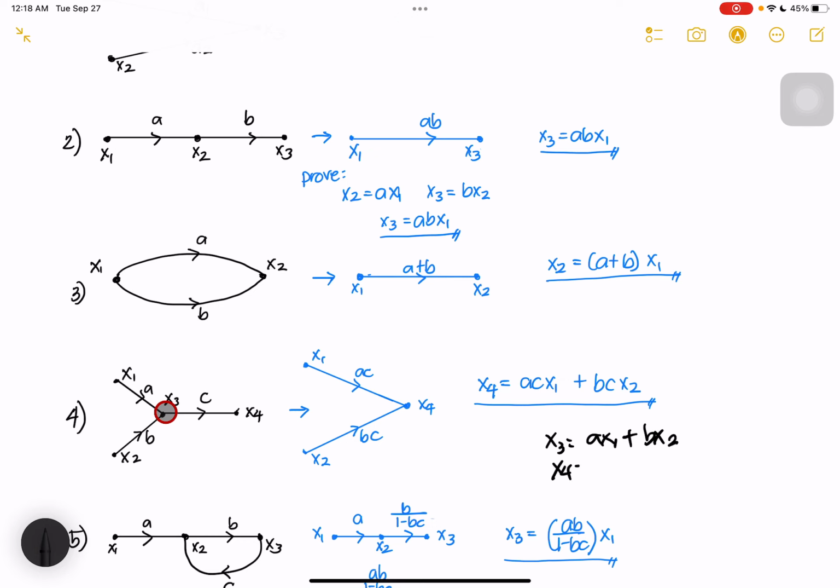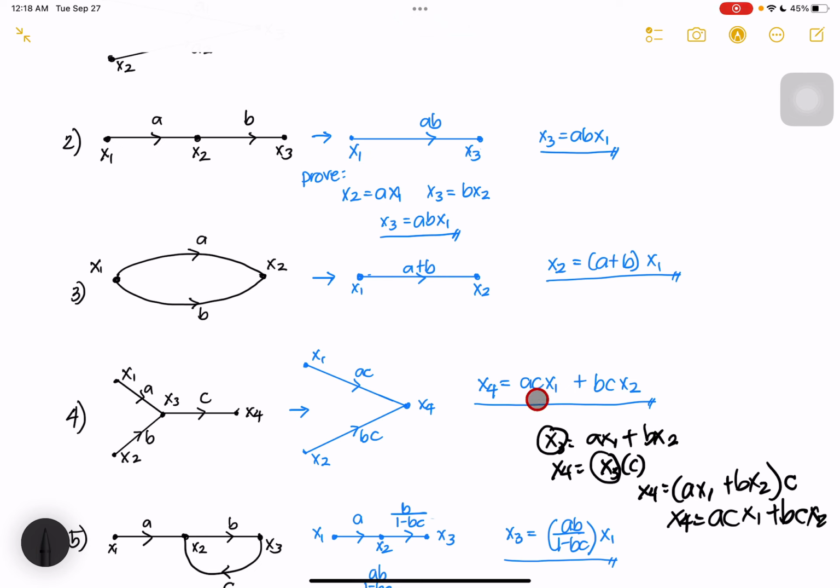Whereas x4 will be equal to x3 times C. So, pag sinubstitute natin yung value ng x3 na to here, that will be Ax1 plus Bx2 times C. So, kapag gusto nating ipasok yung C, it will just be the same as this.